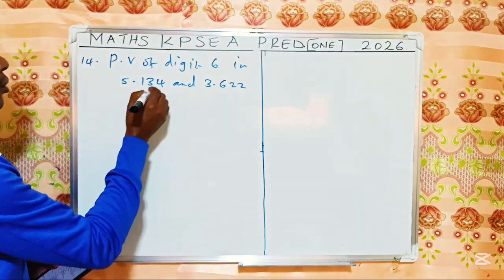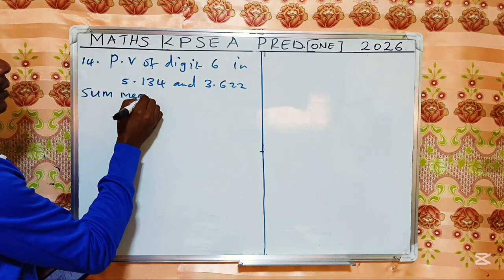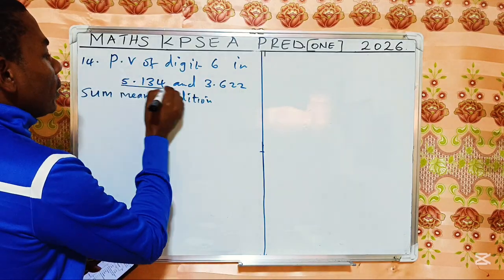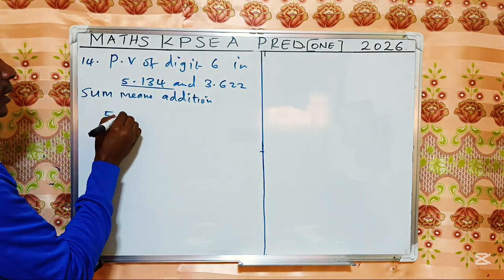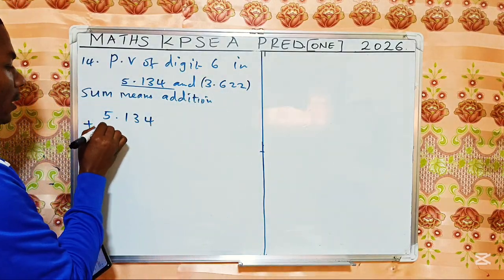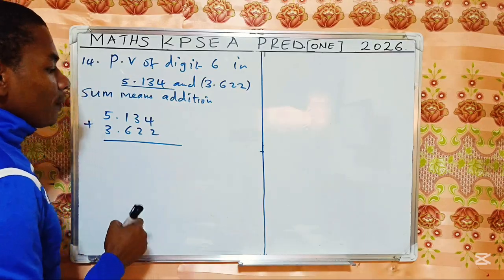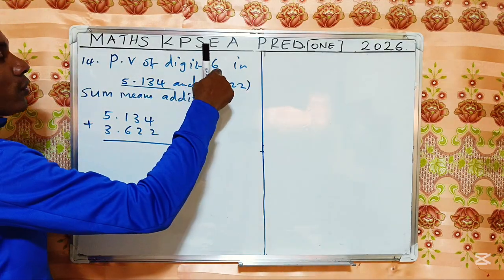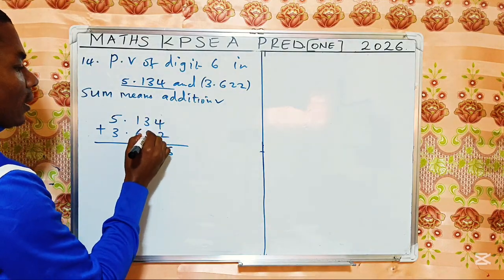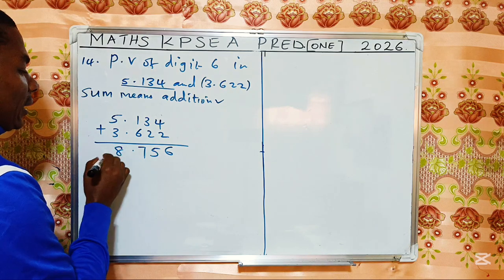Now, sum means addition. So you take 5.134 plus 3.622. We want to check the place value of digit 6 after adding. So 4 plus 2 is 6, 3 plus 2 is 5, 1 plus 6 is 7, and 5 plus 3 is 8.